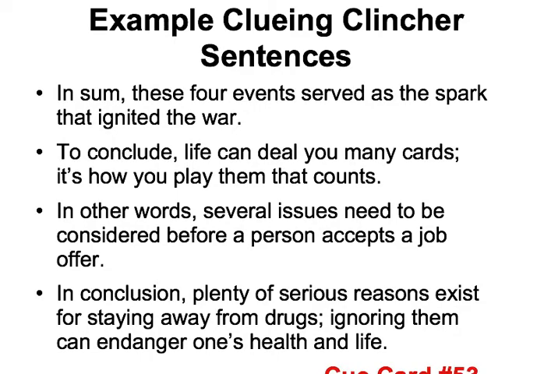For example, in sum, these 4 events served as the spark that ignited the war. In sum is my concluding transition followed by my comma, and I use the word for as my clue word. That means that in the paragraph I spoke about 4 different events that started the war.